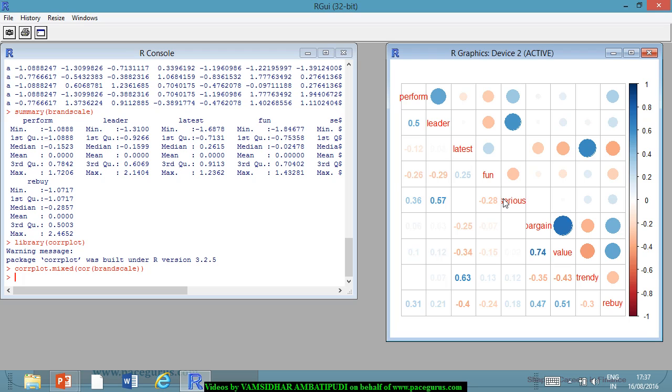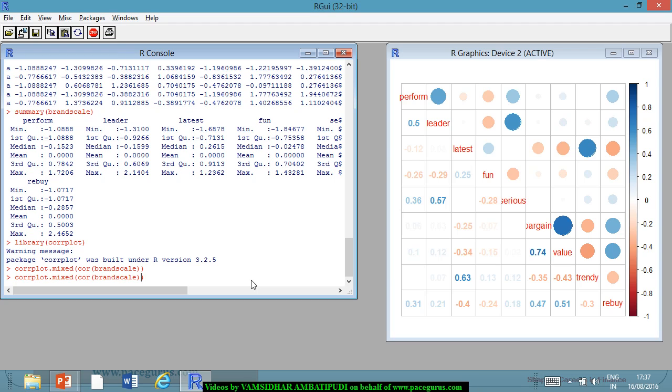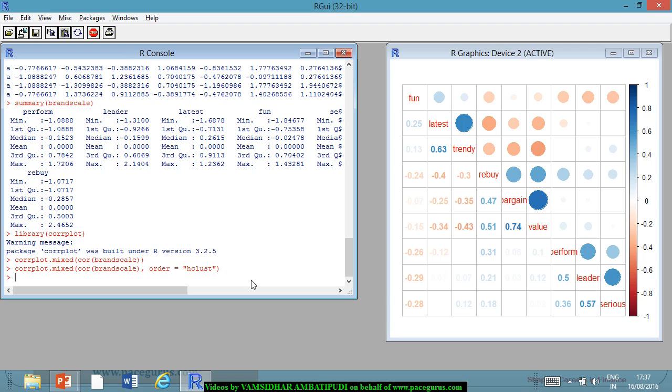So we can really aggregate the things which are very close to each other. Probably if I do the ordering on the same correlation plot, with order equal to hclust, which is a hierarchical cluster, the order will be slightly different, which can really help us in seeing which things are close to each other. So fun, latest, trendy are all looking more or less along similar lines, because they are correlated more or less in the same way with the rest.